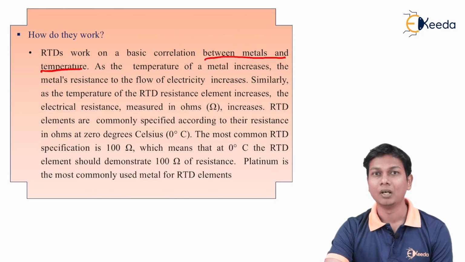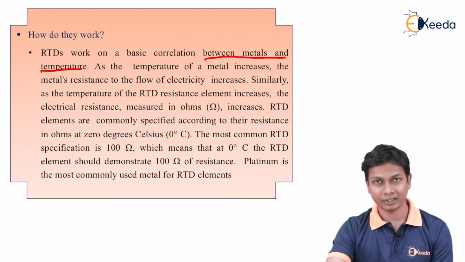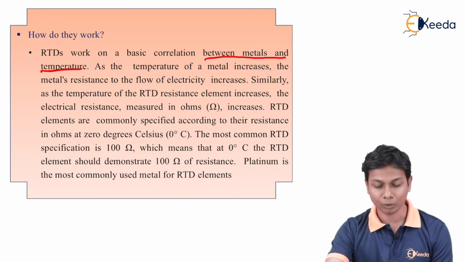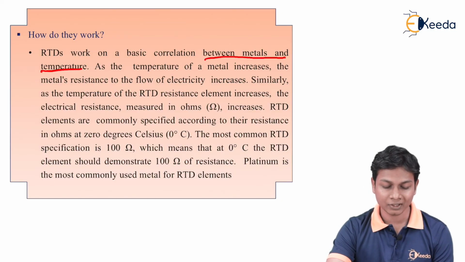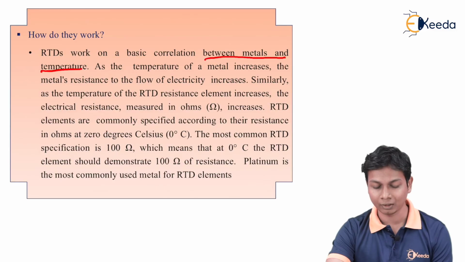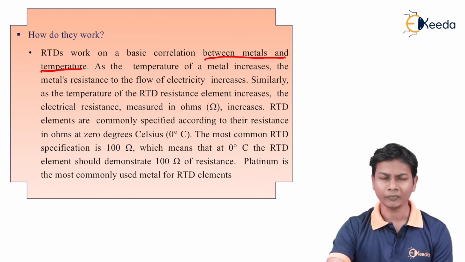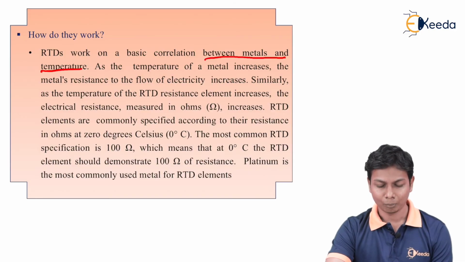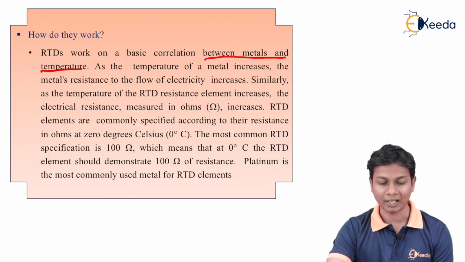That means that at 0 degrees Celsius the RTD resistance is 100 ohm, and it should show 100 ohm only. Platinum is the most commonly used metal for RTD elements. So for 0 degrees, platinum should show 100 ohm as output.